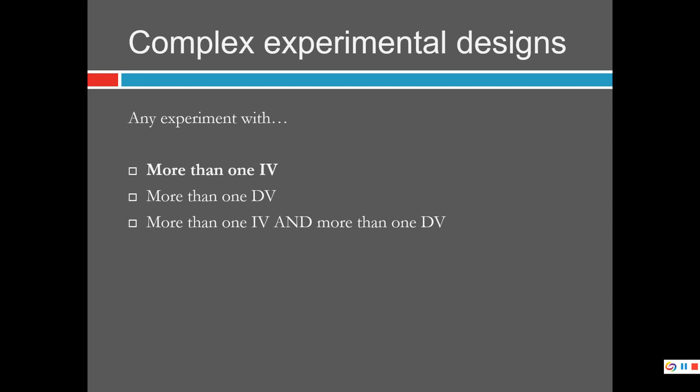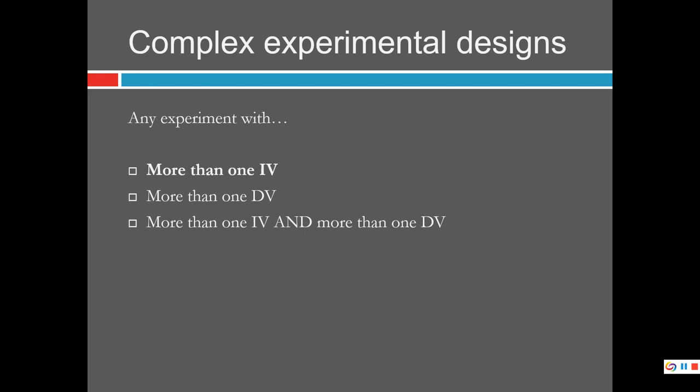Or it could be that you have more than one dependent variable, meaning it's not just different operationalizations, like you're not looking at stress in two different ways. Maybe you're looking at stress and health outcomes or something like that. And of course, you could have both of these things. You have more than one independent variable and more than one dependent variable. So these all kind of qualify as complex experimental designs.